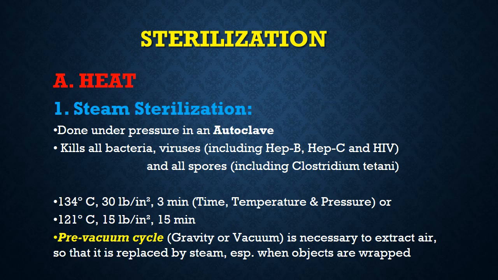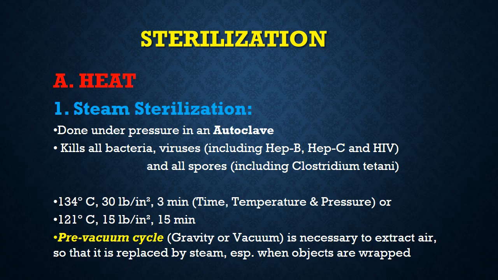So, three criteria are generally used to monitor the steam sterilization in autoclave, that is time, temperature, and pressure. So if the steam is maintained at 134 degrees centigrade and the pressure is maintained at 30 pounds per square inch, then even 3 minutes in the autoclave would be enough for sterilization of the instruments.